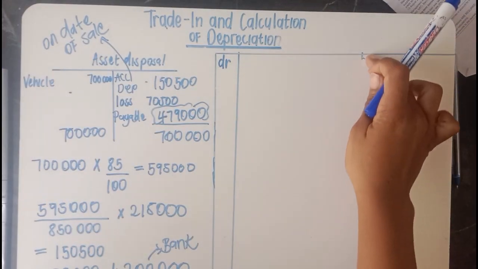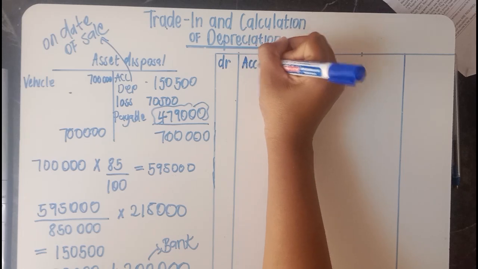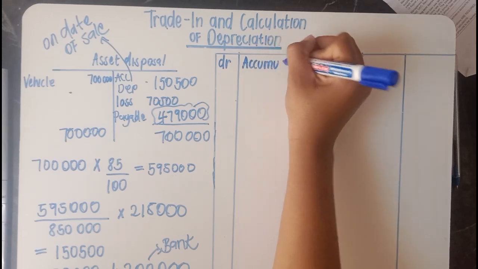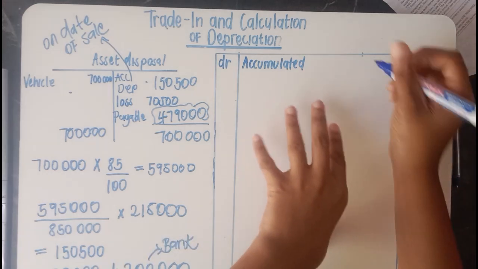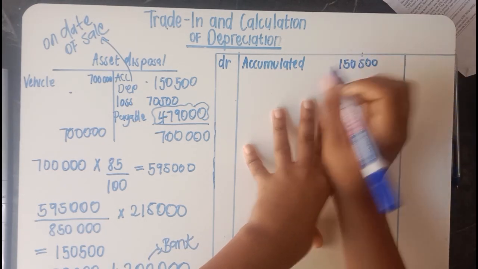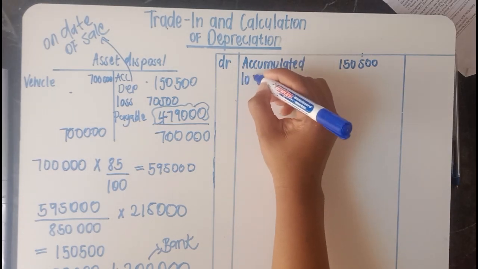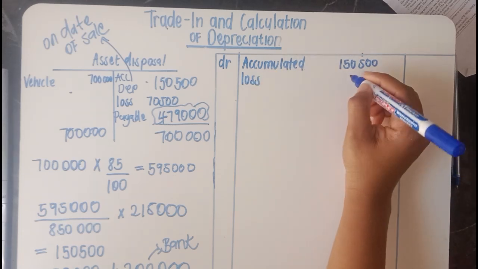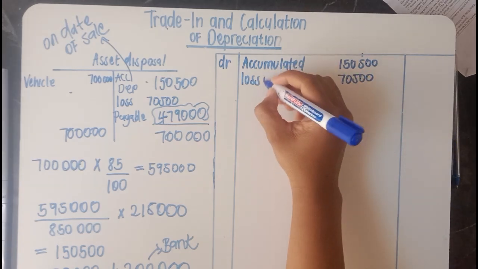So obviously, accumulated depreciation will be number one. Debit accumulated depreciation. The statement is statement of financial position. And then you're going to have loss, 70,500, loss on sale of asset.